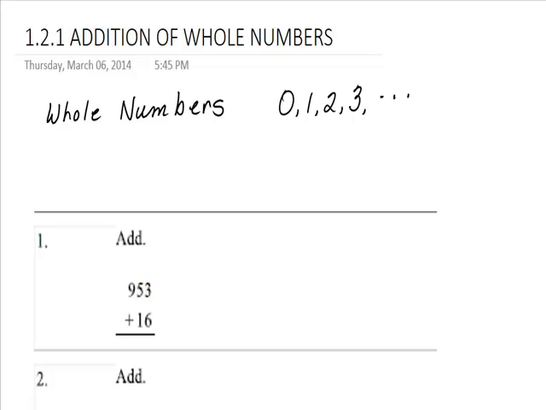When you add whole numbers, neatness is somewhat important because you need to line up the ones place. So if I have 953 and I'm going to add 16, I have to make sure that the ones are lined up and the tens are lined up and so on.